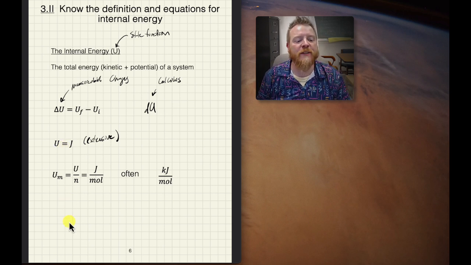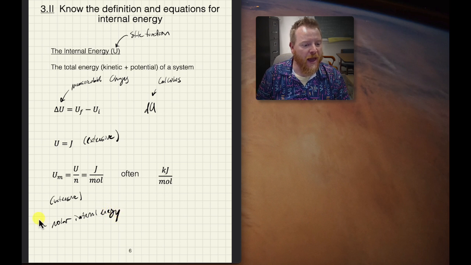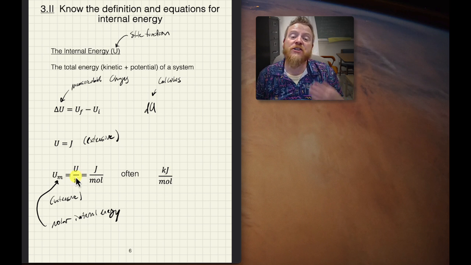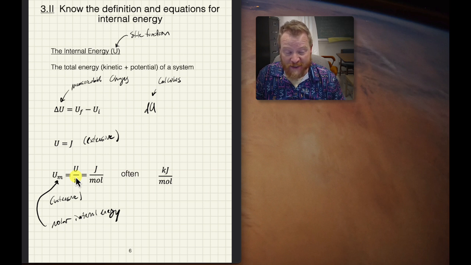We're going to often see the intensive form of this used, the molar internal energy. And when we see that little m right there, that means U divided by n, just like what we saw with volume in gases, the molar volume.